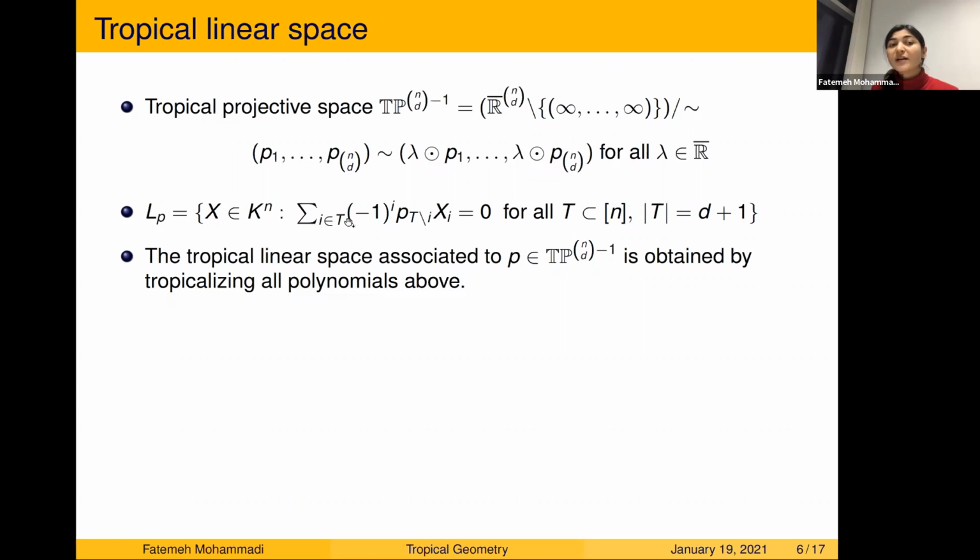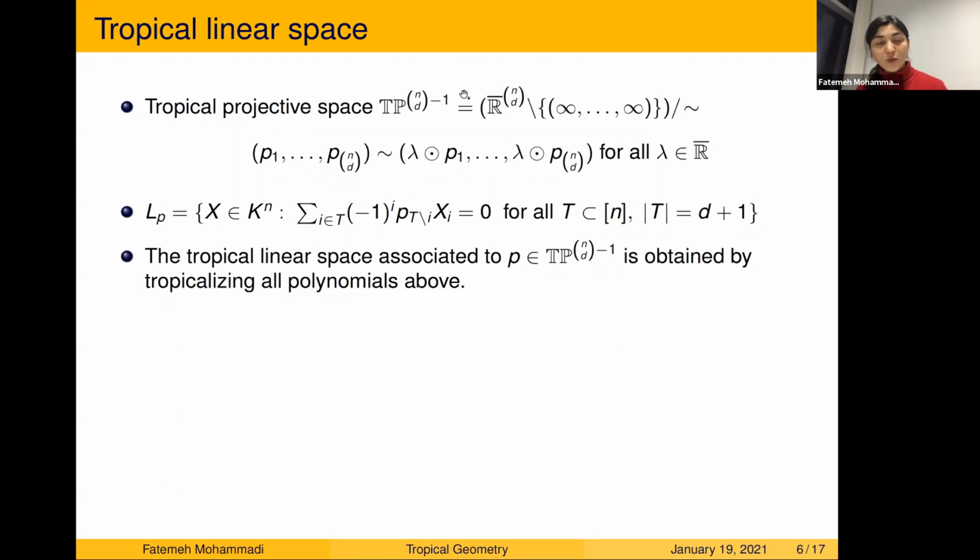I would have to look at all possible combinations of these polynomials to generate my tropical variety. But instead, I'm going to take a larger variety, or pre-variety, which is defined by the tropicalization of only these linear equations here.